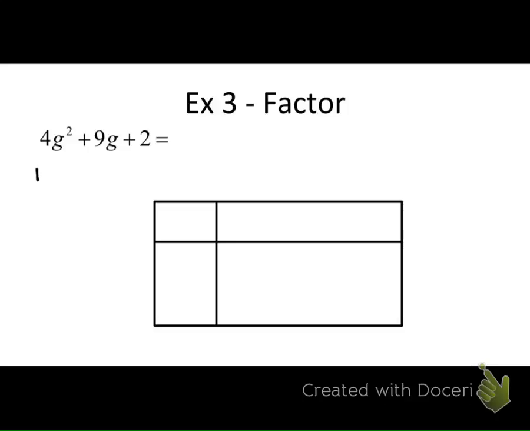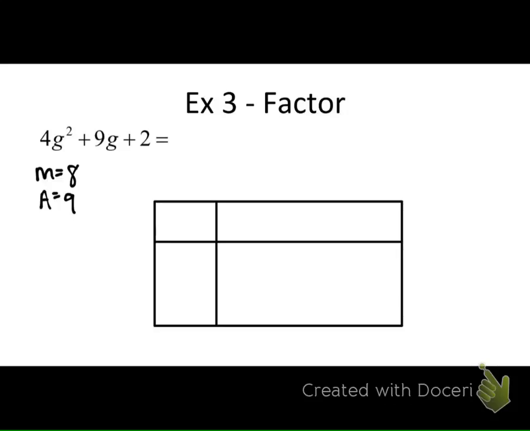Good. 4 and 2 to equal 8. Which means my A is going to equal the coefficient that I have left over, which is what, Nick? What's the coefficient I haven't used? 9. Yep. Very good. So my M is 8. My A is 9.